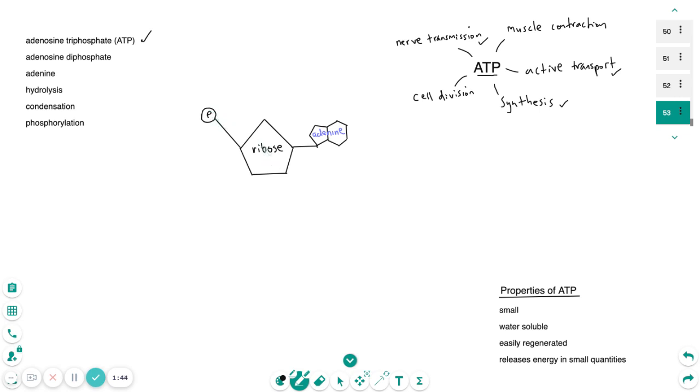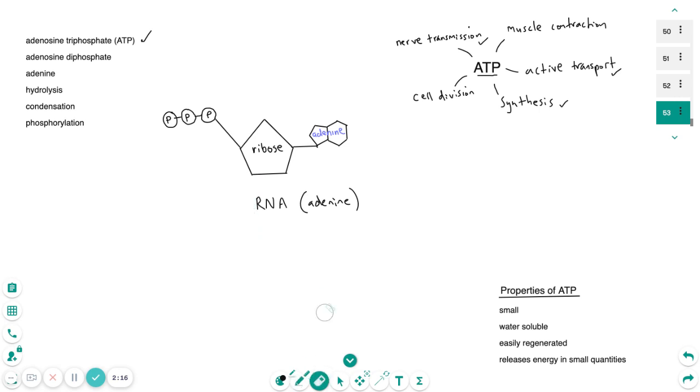Hopefully you'll recognize that this is an RNA nucleotide, and the RNA nucleotide has the base adenine. So if you can draw this, then you're more than halfway to completing your adenosine triphosphate. All you have to do now is add 2 more phosphates. That's why it's called triphosphate. That is the ATP molecule.